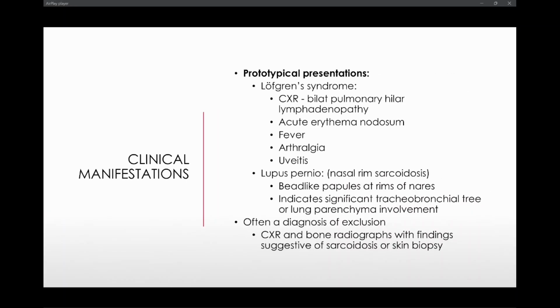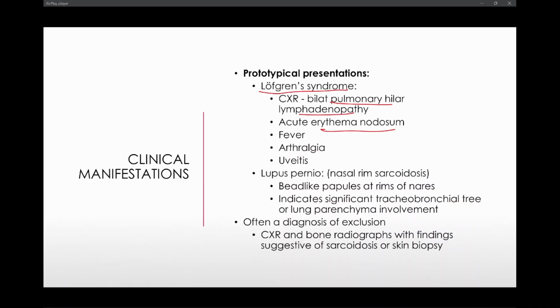So some prototypical presentations. One is called Lofgren syndrome. With Lofgren syndrome, bilateral pulmonary hilar lymphadenopathy. So they're going to have those little lesions from the enlarged lymph nodes in a chest x-ray. Acute erythema nodosum. What's that?